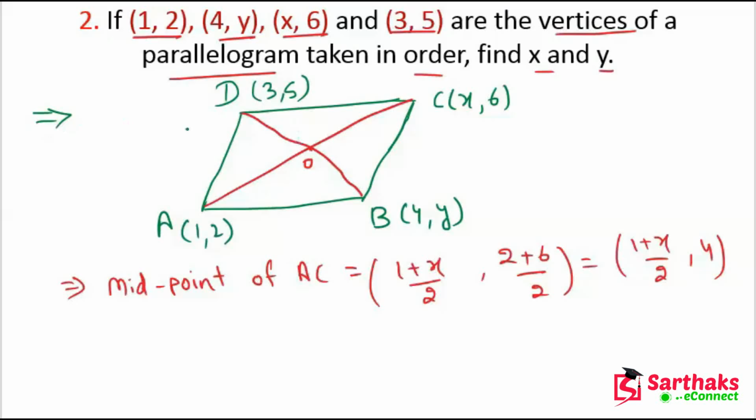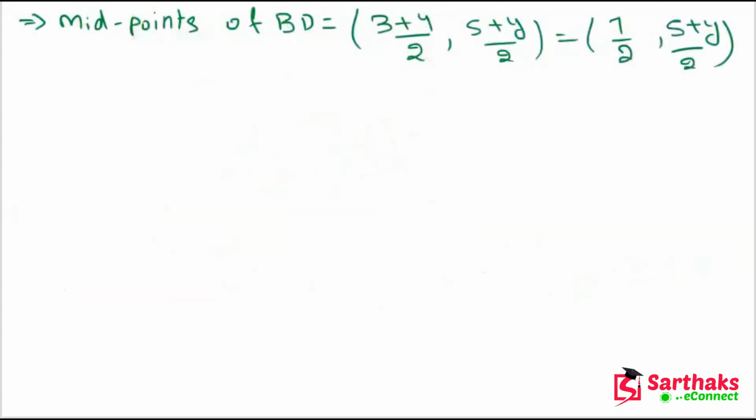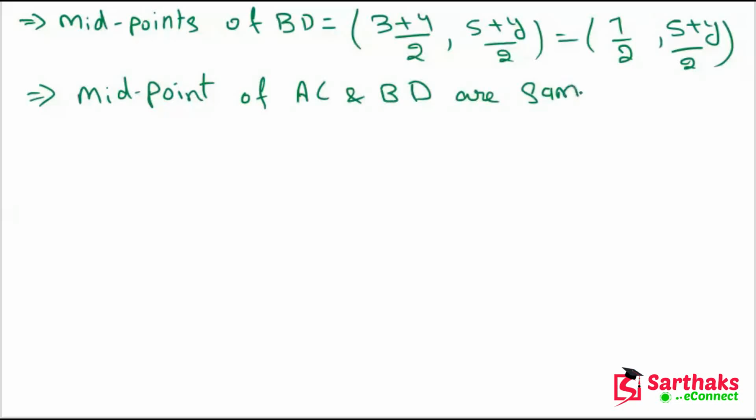It means the point O is the midpoint of AC as well as BD. So we can write that the midpoint of AC and BD are same.